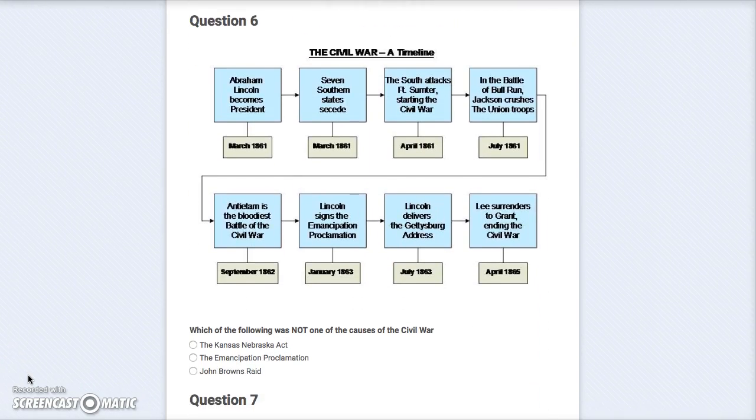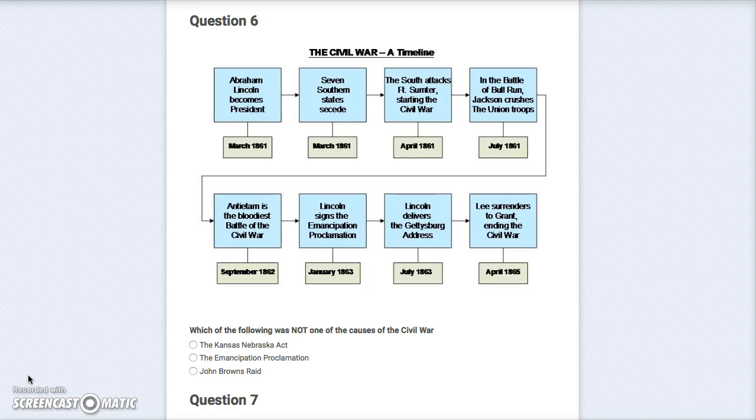Question 6. The Civil War, a timeline. March 1861. Abraham Lincoln becomes president. March 1861. 7 Southern states secede. April 1861. The South attacks Fort Sumter, starting the Civil War. July 1861.